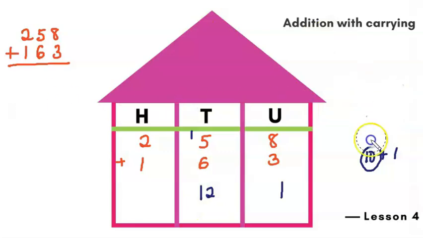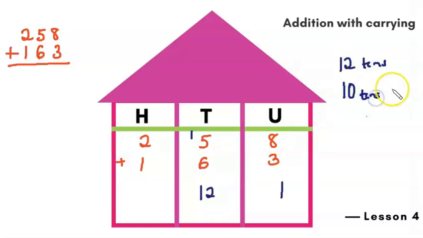When you are doing all of these, say it out in words. 12 tens means I have 10 groups of tens already, plus 2 extra tens. So this 10 group of tens is 100. That's why you carry 1.